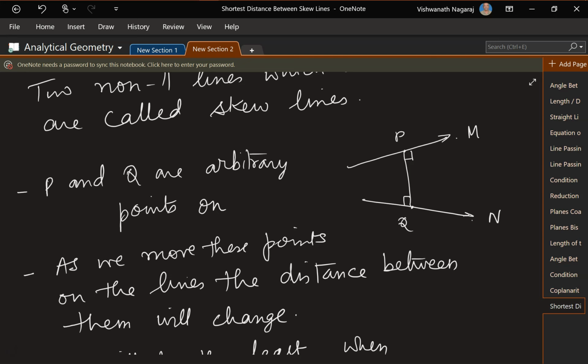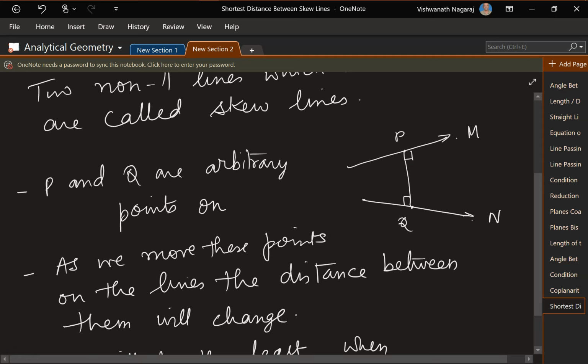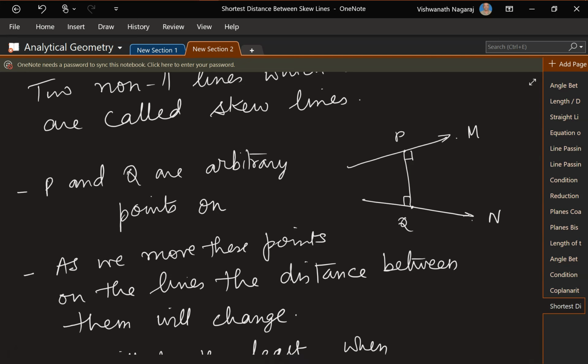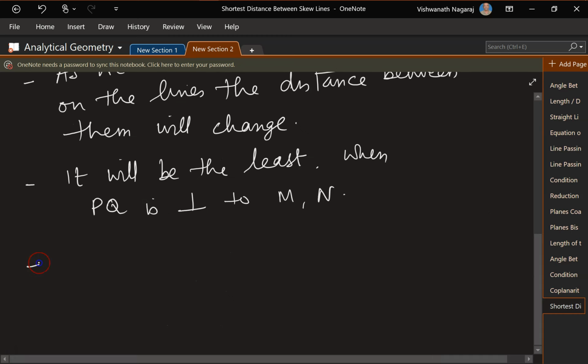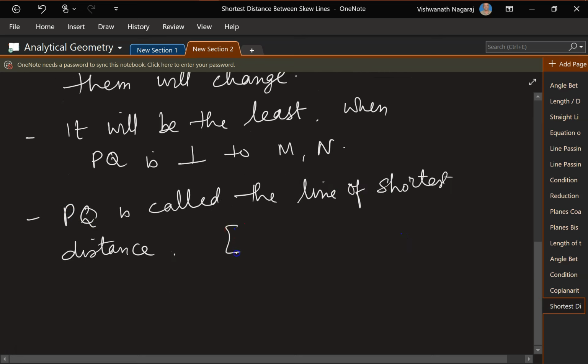Now you will notice that if you draw a line along the shortest distance between these two, at the point at which it has the shortest distance, you will find that it is perpendicular. So here PQ is called the line of shortest distance. Now if you notice, PQ is 0 when the lines are coplanar.